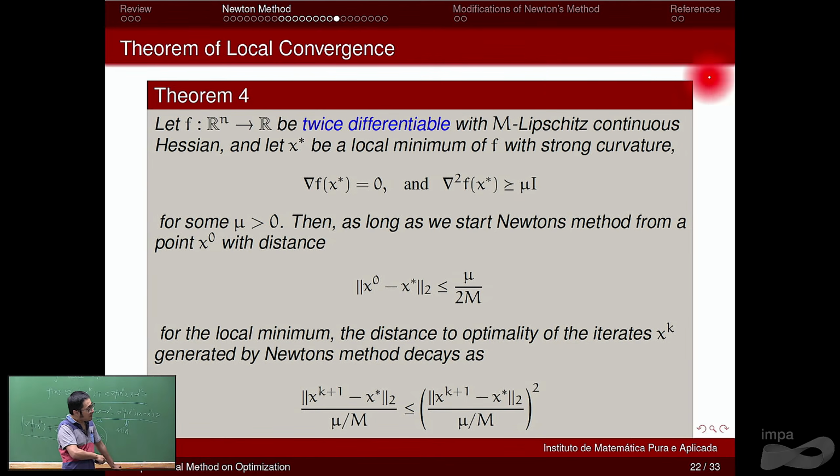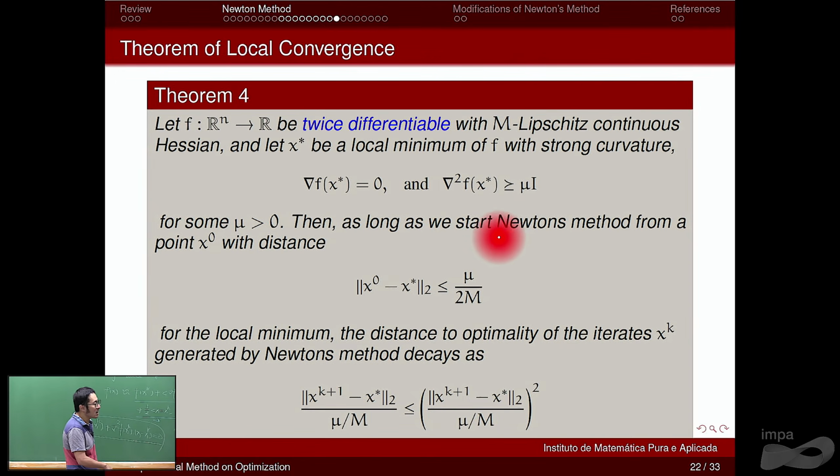So we assume f is twice differentiable, with Lipschitz continuous Hessian, and x star is the local minimizer with a strong curvature, which means at the solution your Hessian has a positive minimum eigenvalue.